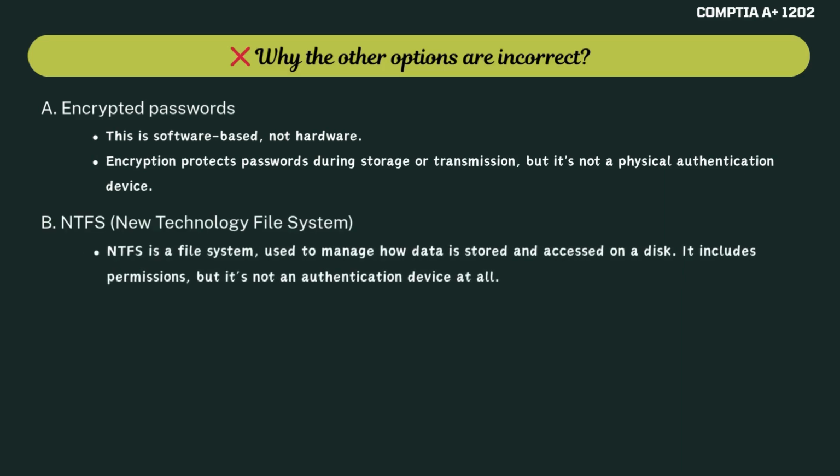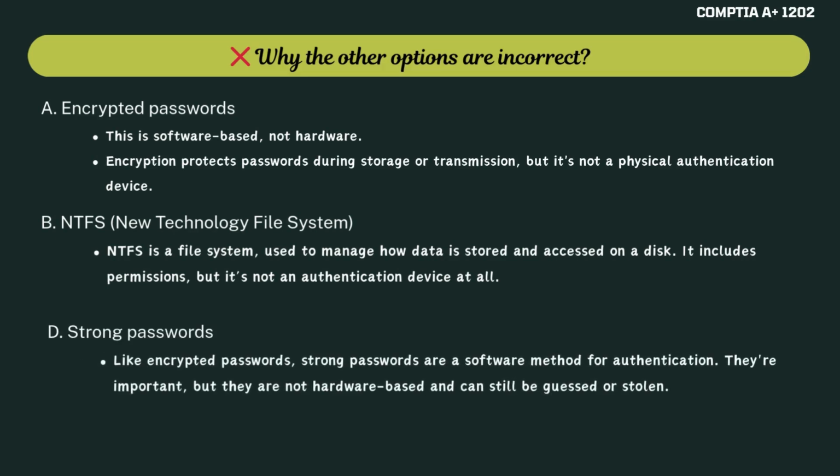NTFS is a file system used to manage how data is stored and accessed on a disk. It includes permissions, but it's not an authentication device at all. D. Strong passwords. Like encrypted passwords, strong passwords are a software method for authentication. They're important, but they are not hardware-based and can still be guessed or stolen.